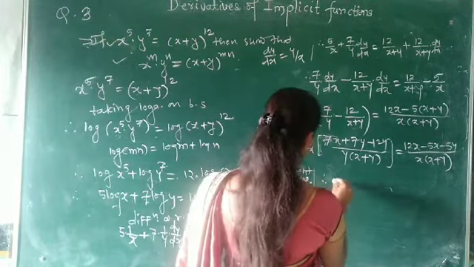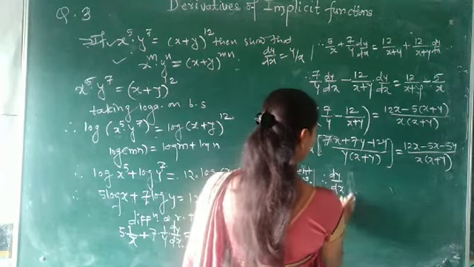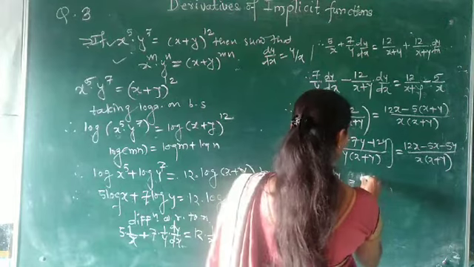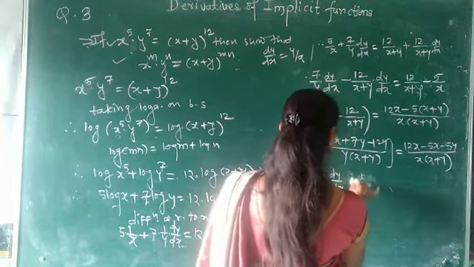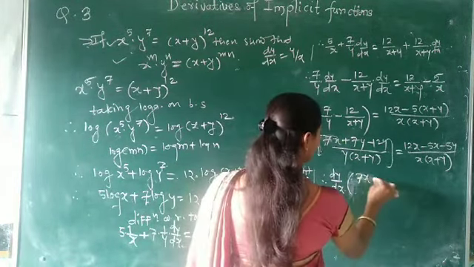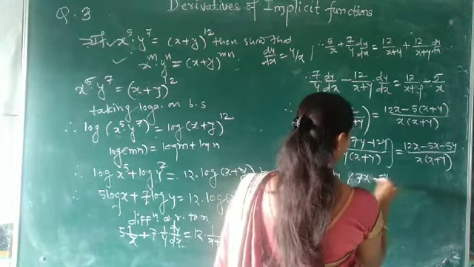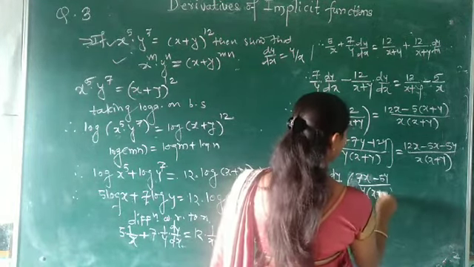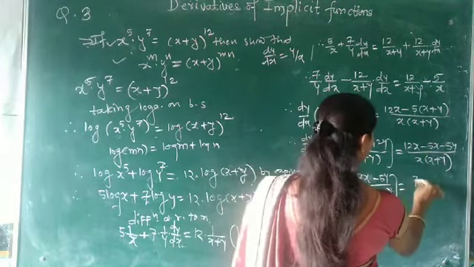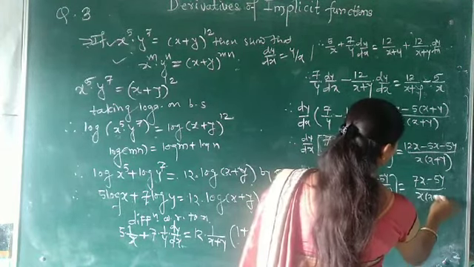Therefore dy upon dx is equal to, first we simplify 7x plus 7y minus 12y, that is minus 5y... upon y into x plus y is equal to 12x minus 5x, that is 7x minus 5y upon x into x plus y.